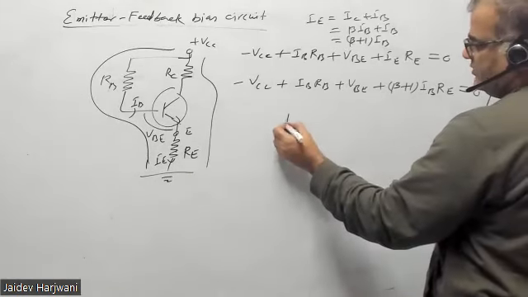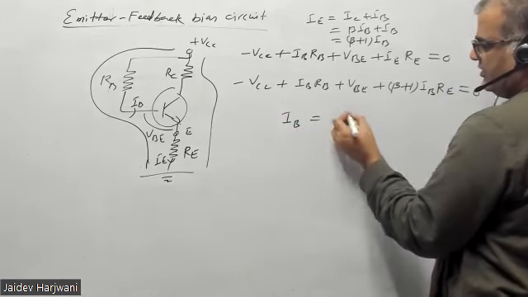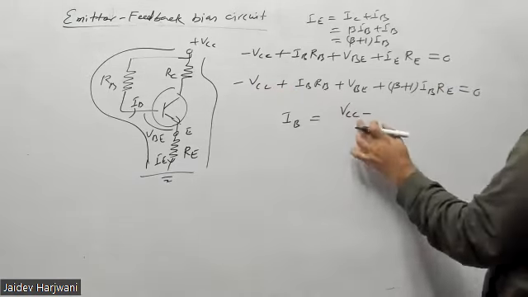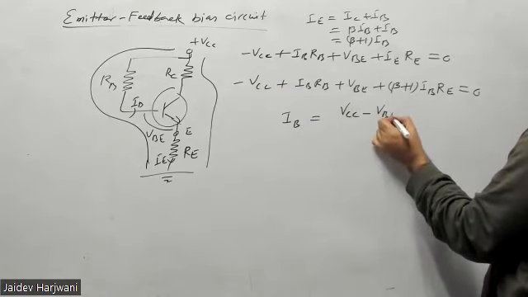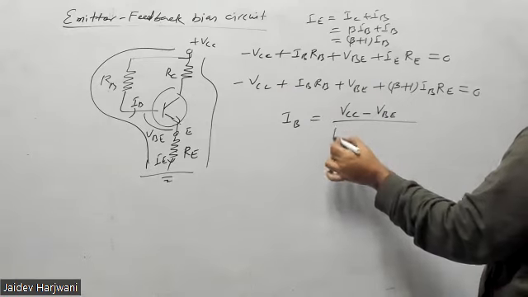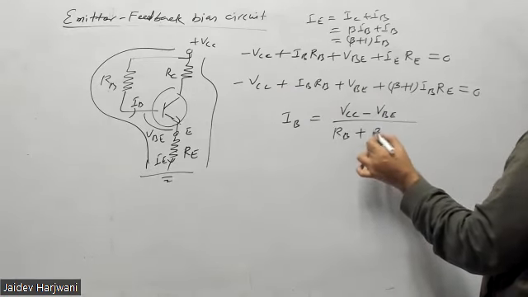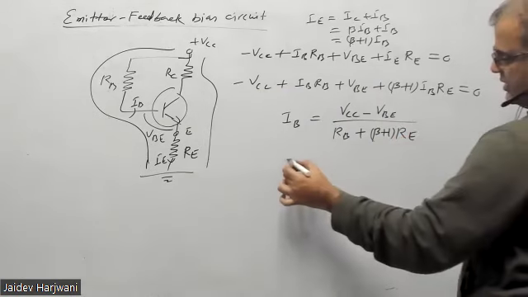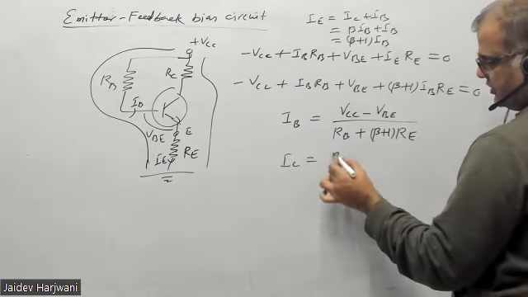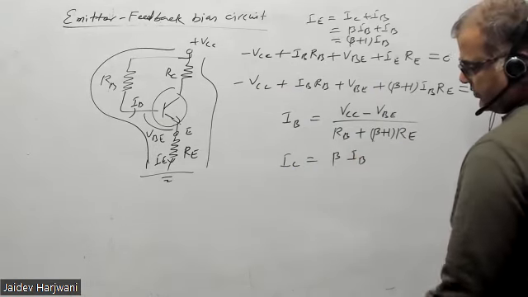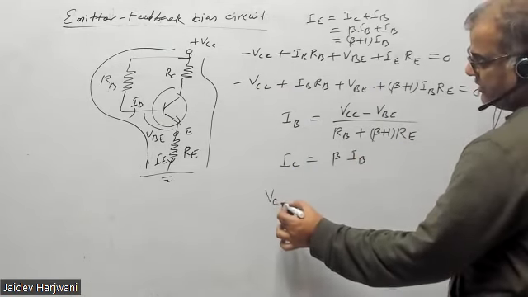Now your IB will become VCC minus VB, and you have RB plus beta plus 1 RE. IC will be your beta IB.